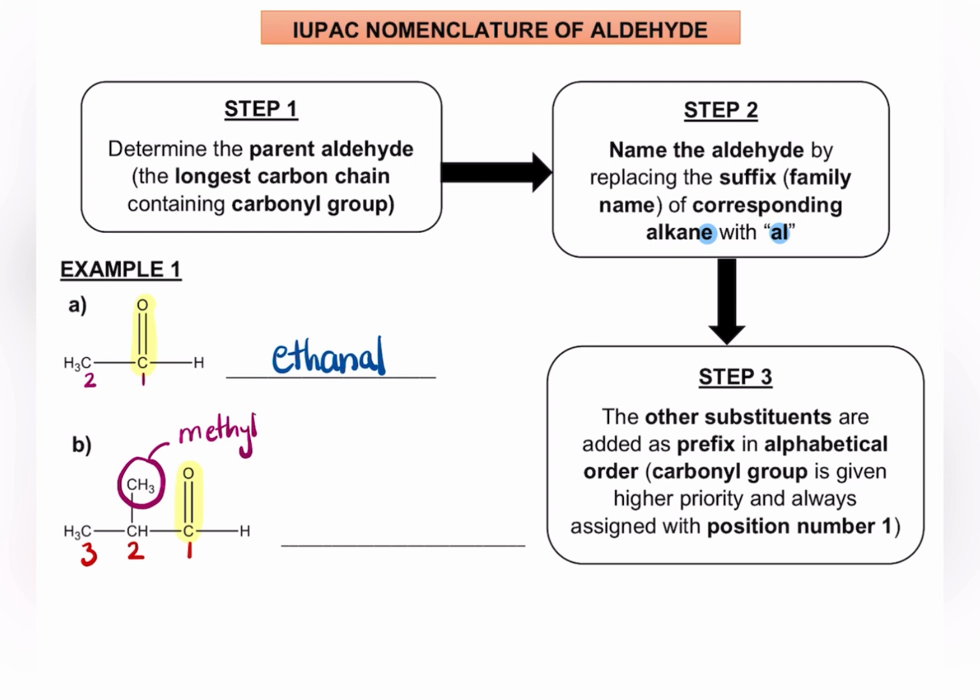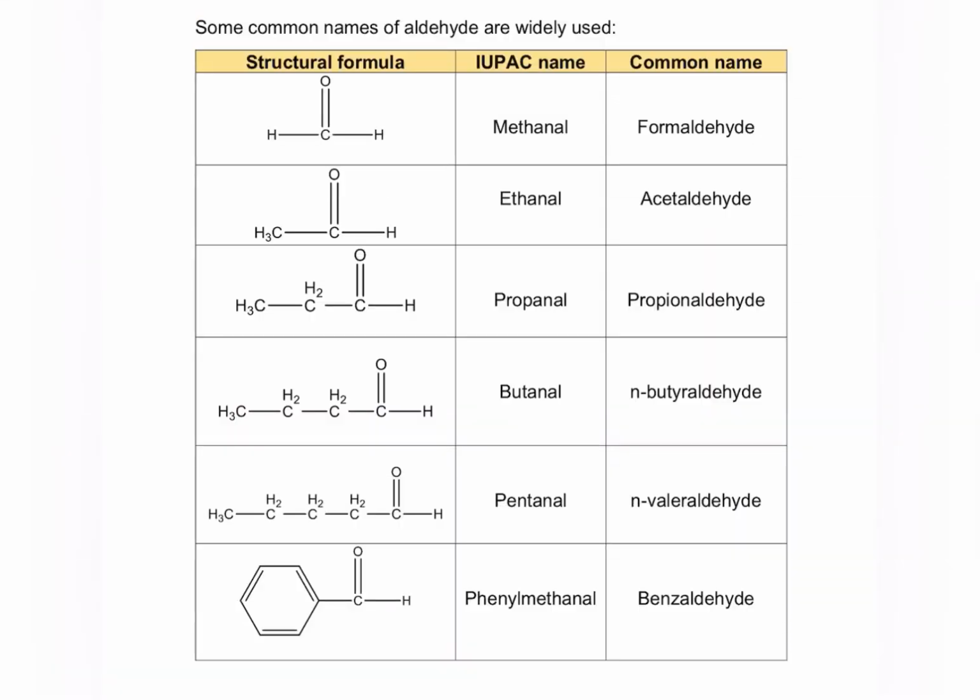Now we are going to give the name for the parent. You have 3 carbon atoms, so the parent will be propanal. And you have methyl at carbon number 2, so the full name for this structure will be 2-methylpropanal.